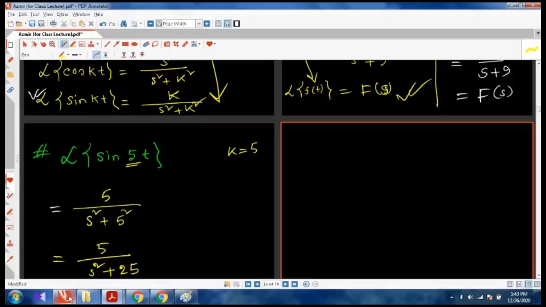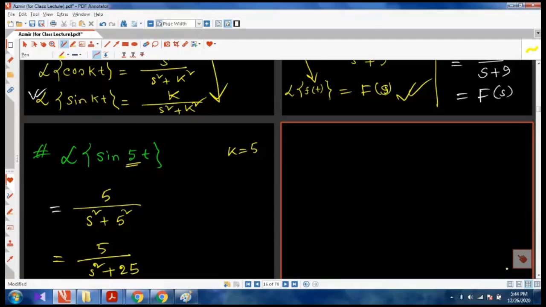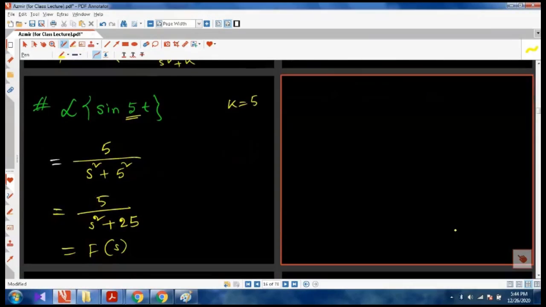So let's solve some problems with the linearity property. So what is the linearity property? The linearity property of Laplace transformation.